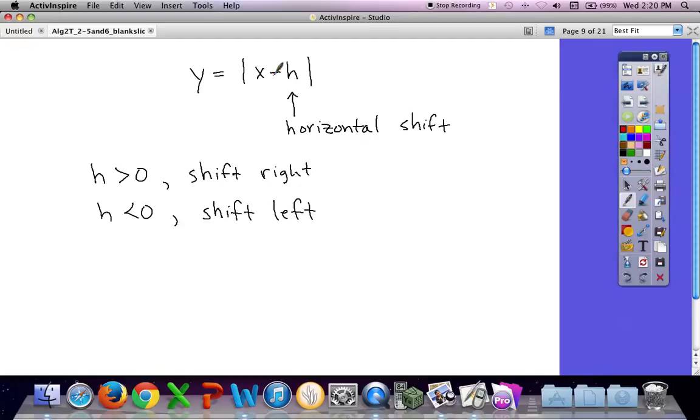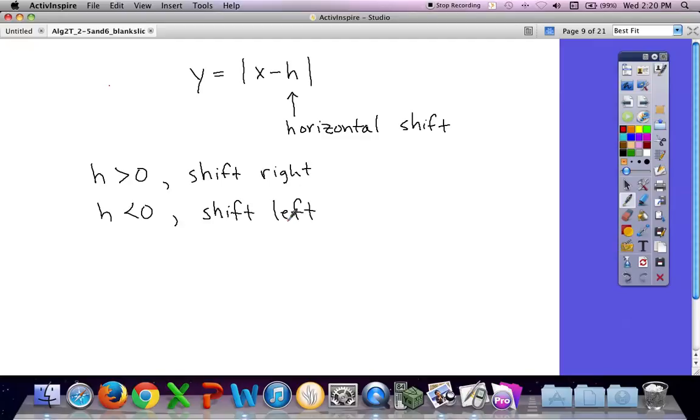So if the number that you're subtracting, like on our last slide, which was +1, is positive, then you go to the right. h is greater than 0, which means you're subtracting a positive number, shift right. If h is negative, that means you're subtracting a negative number, so what it looks like is a plus, and you go left.